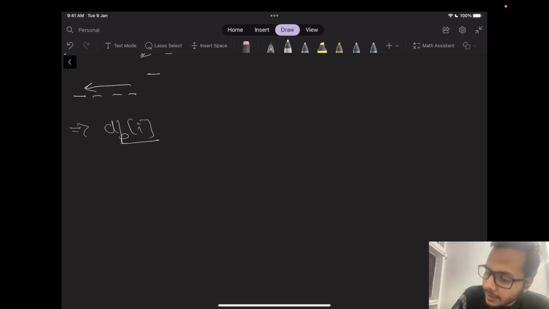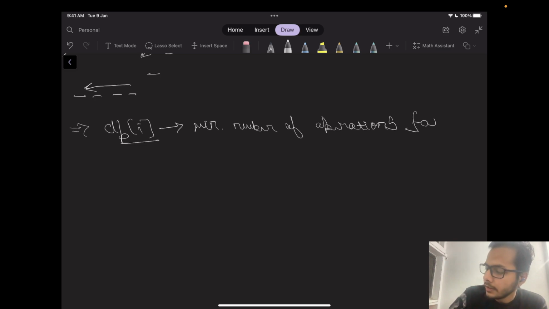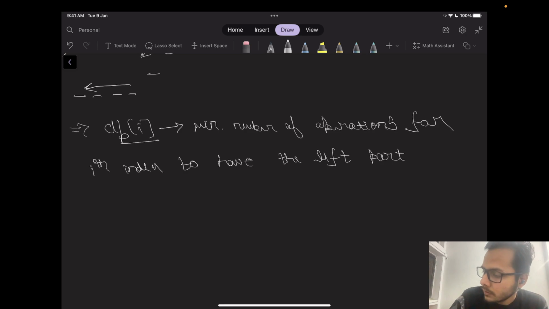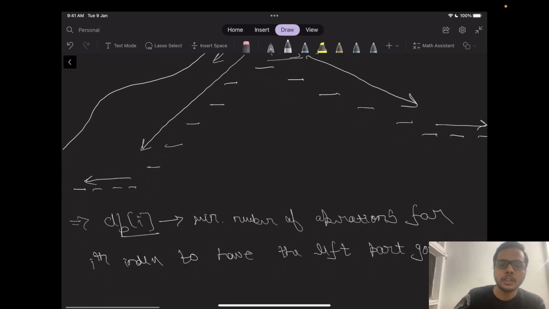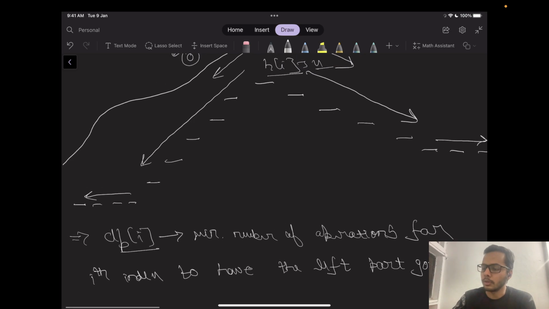We can have a DP where DP of i denotes the minimum number of operations for the ith index to have the left part good. What I want is the left part to be good and the right part to be good. Right now I'm only focusing on the left part. The right part would be symmetrical, so I'm not focusing on that.